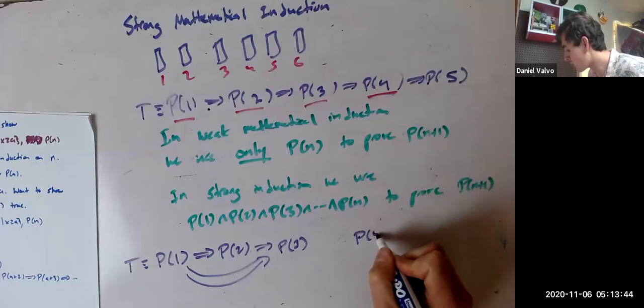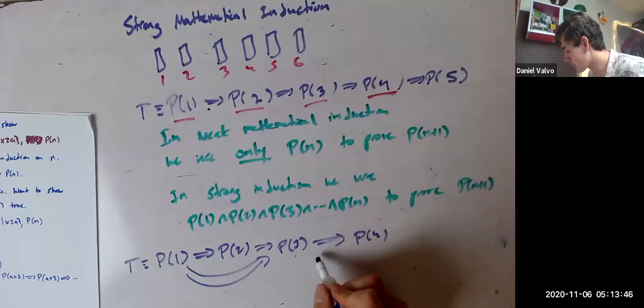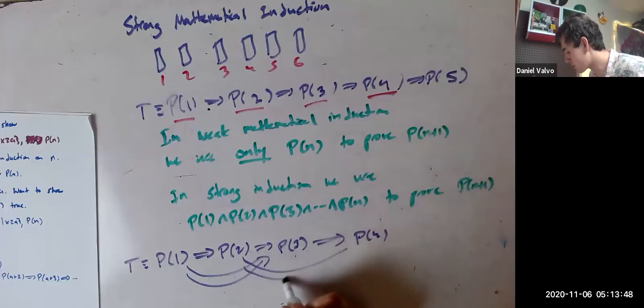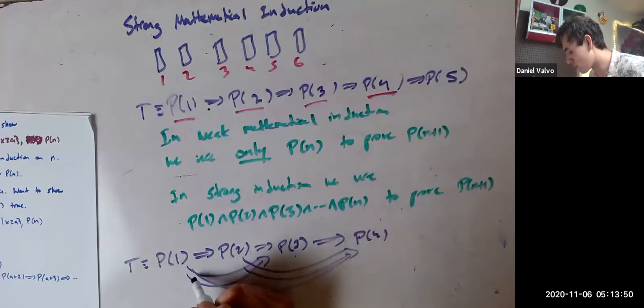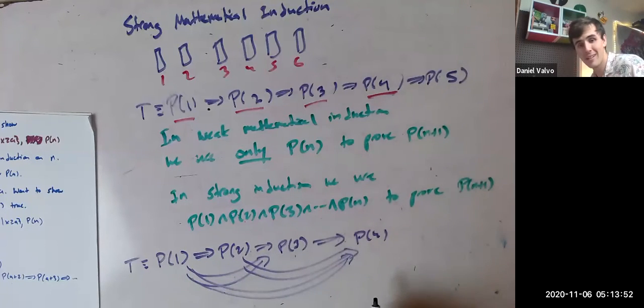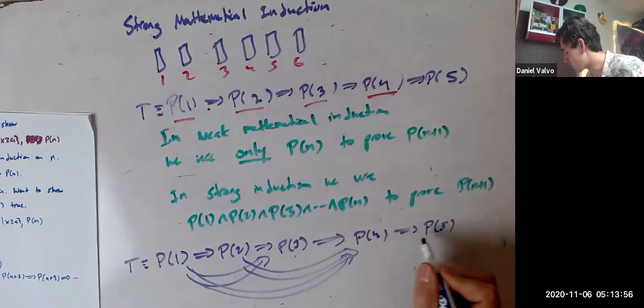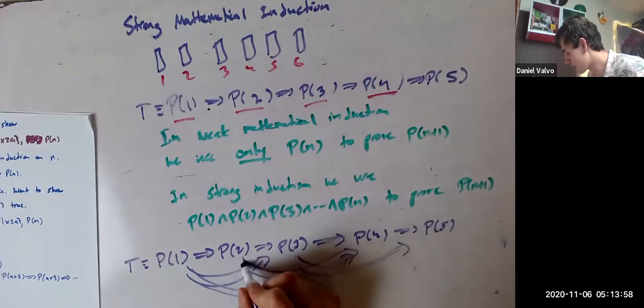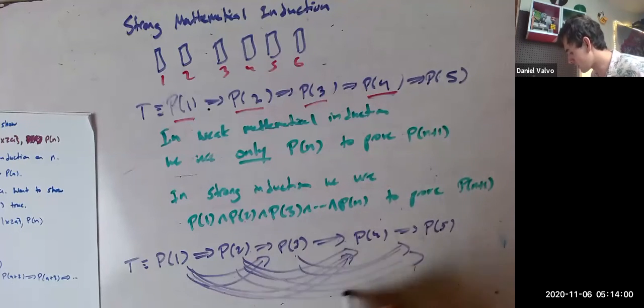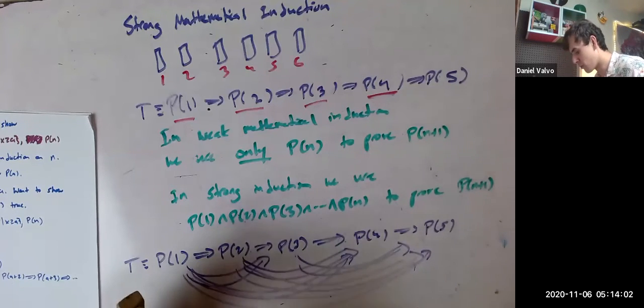And then to prove P of 4, you get to use P of 3 like usual, but you can also use P of 2, and you can also use P of 1. And to prove P of 5, you can use P of 4, P of 3, P of 2, and P of 1.